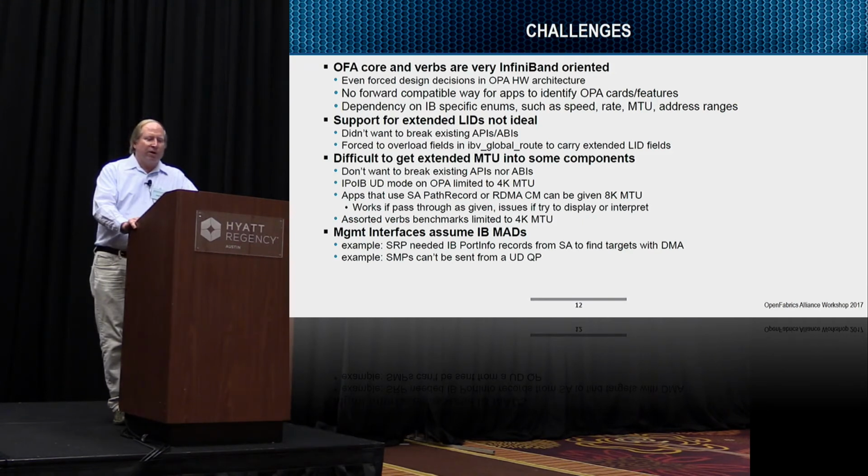Those are the kind of challenges we've been running into, and we're trying to work with the community on getting them addressed. This is one of the areas where libfabric helps to abstract away some of those details from the application, so that these kinds of constants don't percolate their way into the hearts of applications. Another area where we've got a lot of active work going on now is getting the extended addressing in.